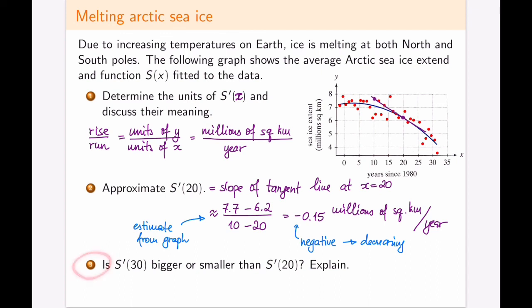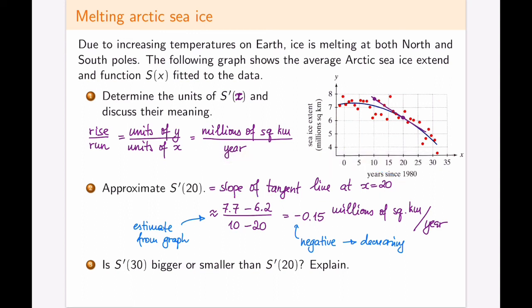And the last part here: is the derivative at 30 bigger or smaller than the derivative at 20? Explain. Again, I don't have a formula, neither do I know how to work with a formula yet. I can only use the graphical information to interpret the answer here. The derivative at 30 will be the slope of the tangent line at 30. In fact, let's actually write that down.